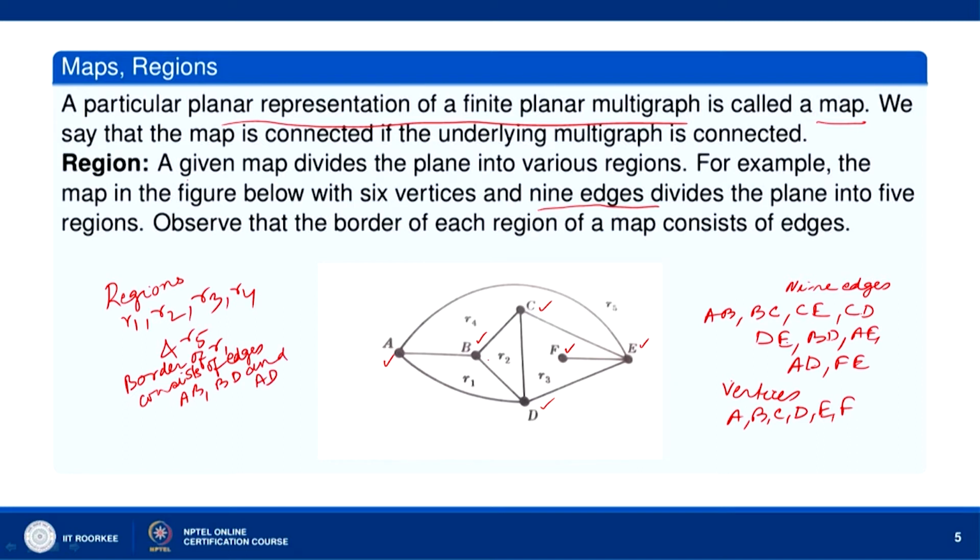If you look at R2, then the border of R2 consists of edges BC, CD, BD.